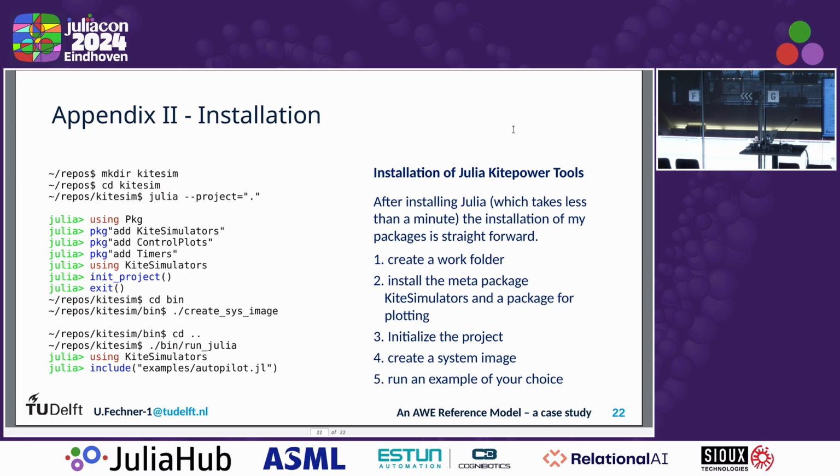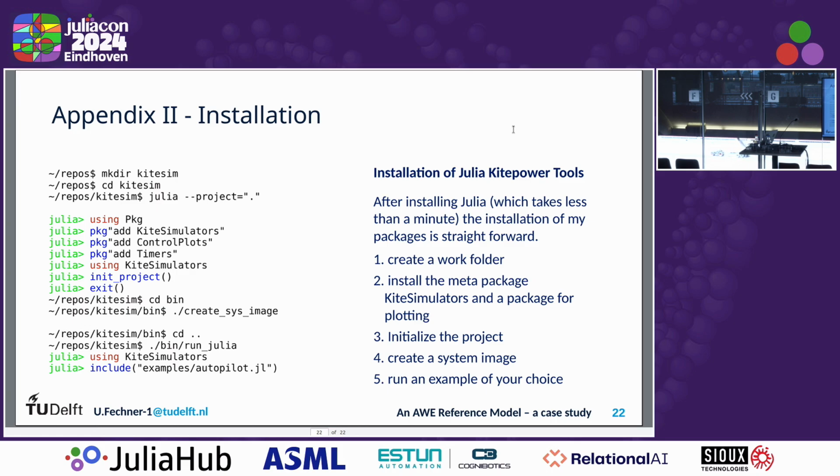It includes the package kite controllers, which is pretty huge, and actually the result of my PhD in the end. The algorithms are the results of my PhD. When I developed that control, I developed it in Simulink and then translated it to Python and then to Julia. It works, and it's fast and it's simple.